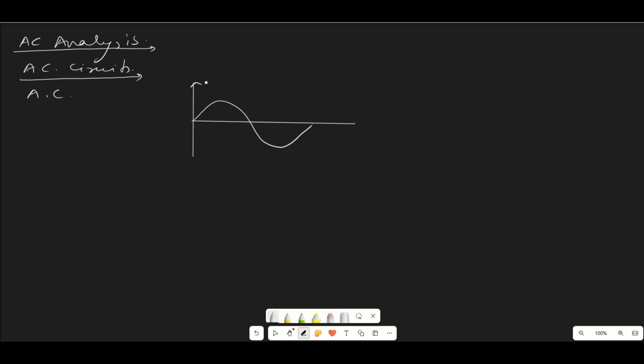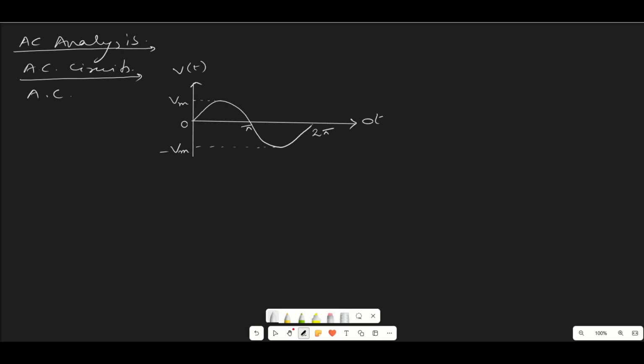If we consider this with respect to voltage, then it has a maximum value of Vm, minimum value of minus Vm, and translating with respect to omega t, and these are pi and 2 pi readings, right?